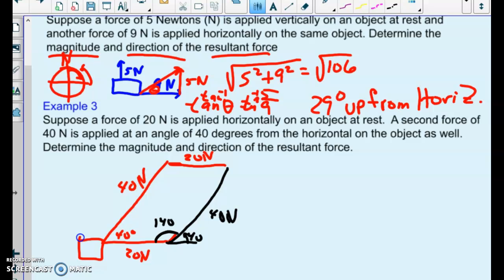And so what we're looking for here is the resultant, which in either case would be that vector there. So if we look at this, we know that we have a side-angle-side amount of information in a triangle that's not a right triangle. So if we go back in our memory, we're looking to use the law of cosines here.